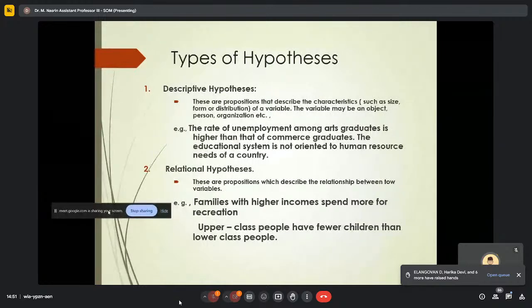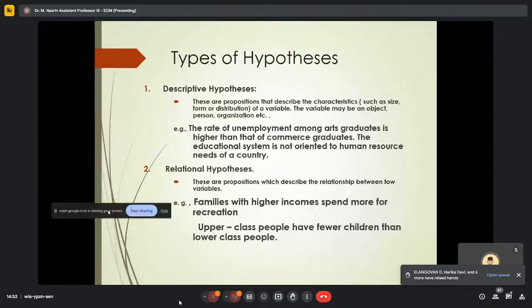I need to collect data among a group of people, or from a company, from the HR, that among the people who are graduated and employed in the company, how many are graduates from a commerce background or from an arts background. Like that, I need to categorize, collect the data, apply some statistical tool, and then I will confirm whether my hypothesis is true or false.